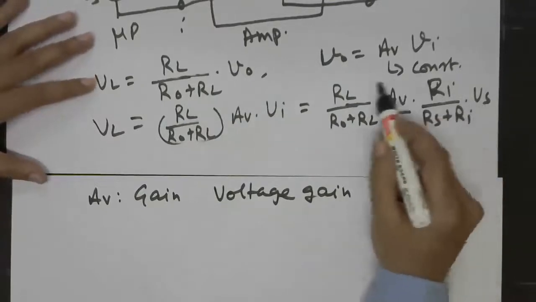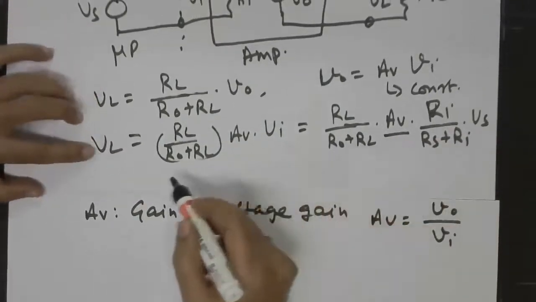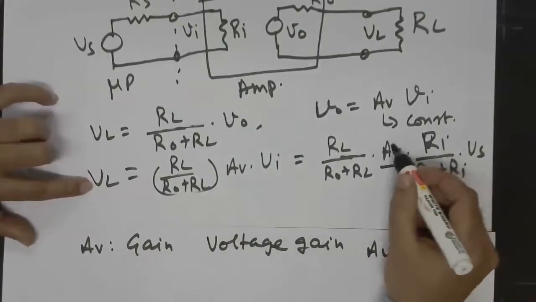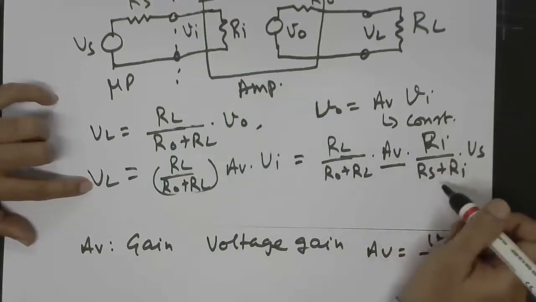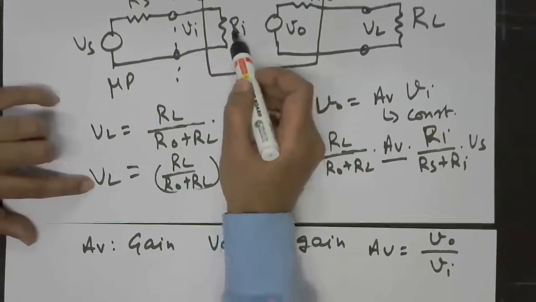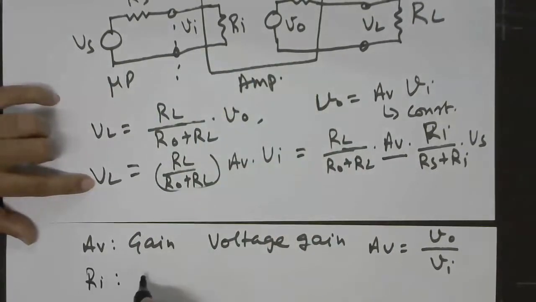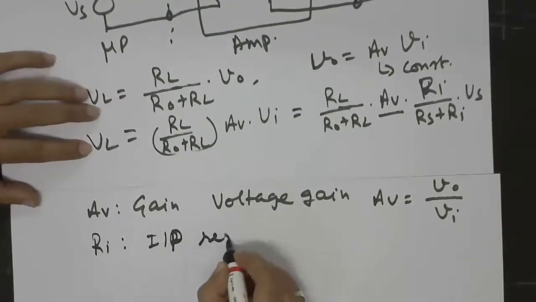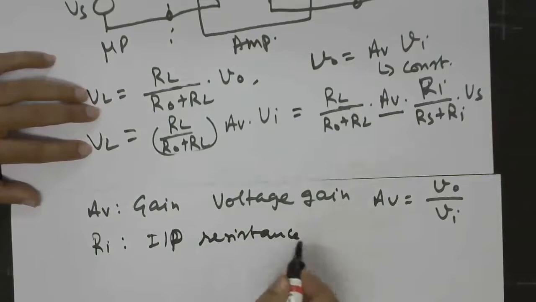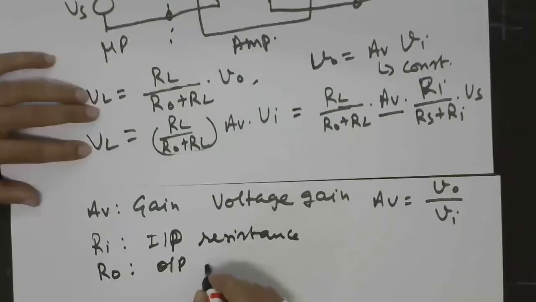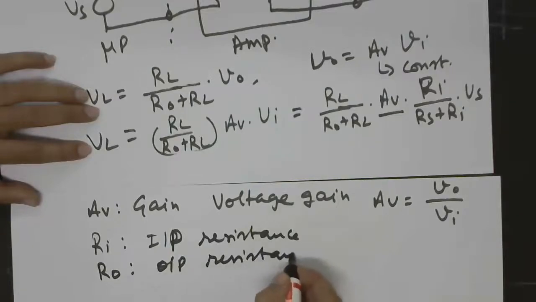So here we see that there are various parameters which decide the load voltage, and now here you can see that we need to talk about the gain of the amplifier, and we also need to find out what is the so-called RI. This will be called as the input resistance, and RO as the output resistance.